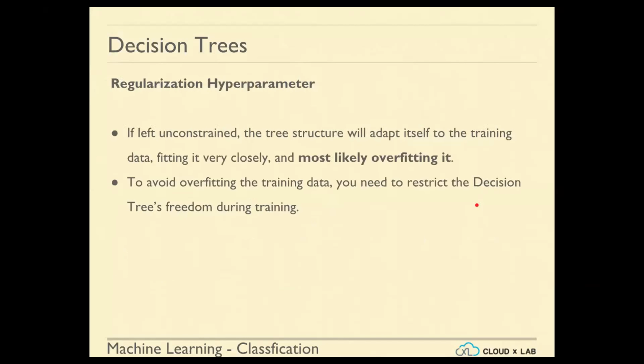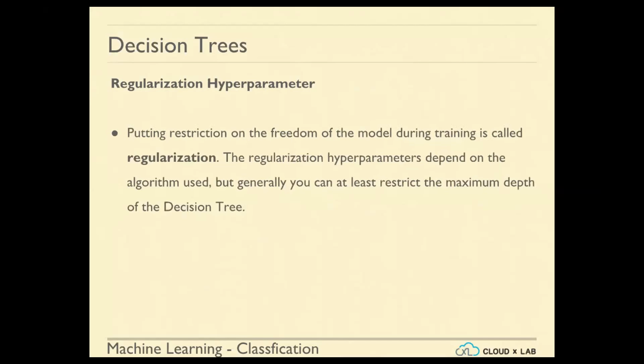Now you remember the random forest we did earlier? It actually overfit. It gave us 0 error, and that's when we did the cross validation, right? So basically the decision trees end up overfitting the training data if we do not restrict the decision tree's freedom during training.